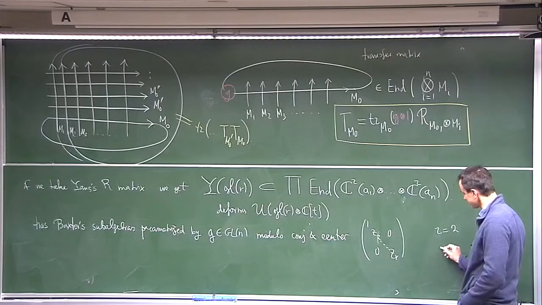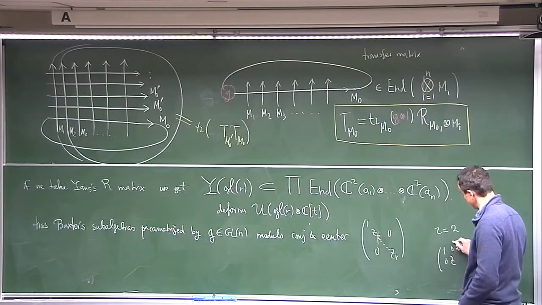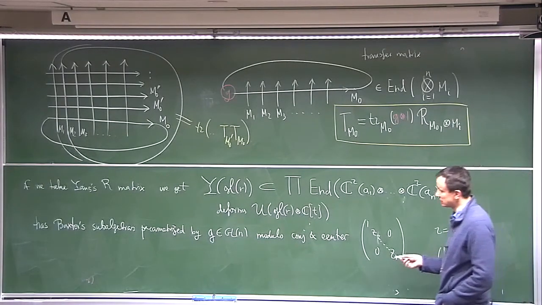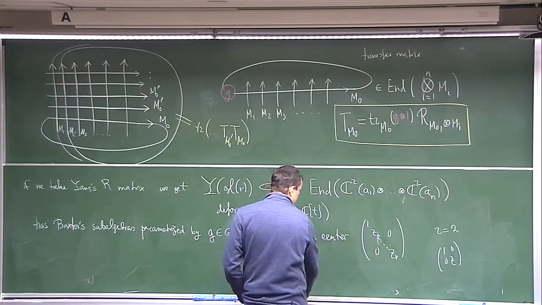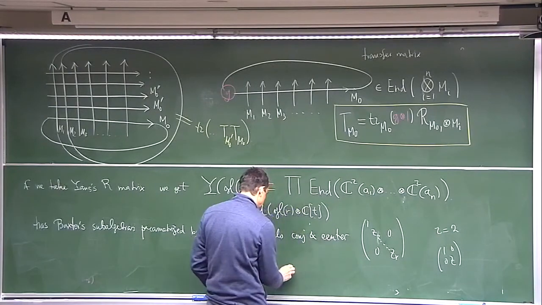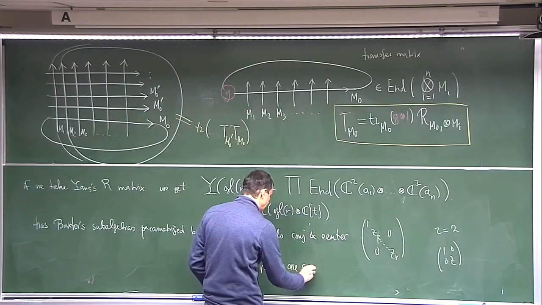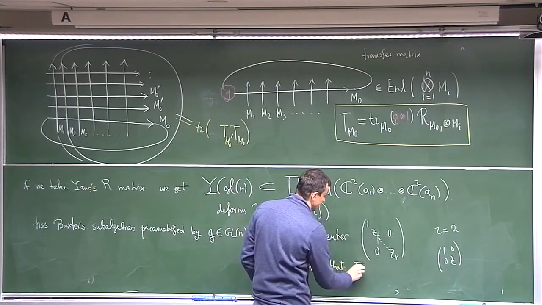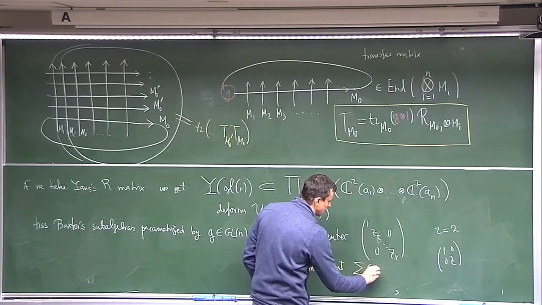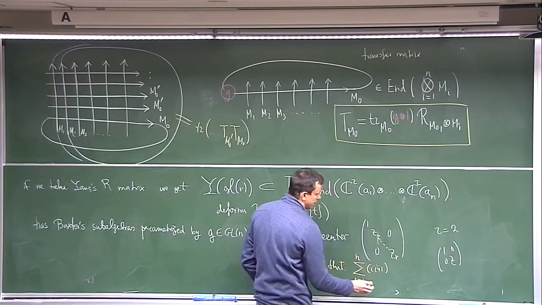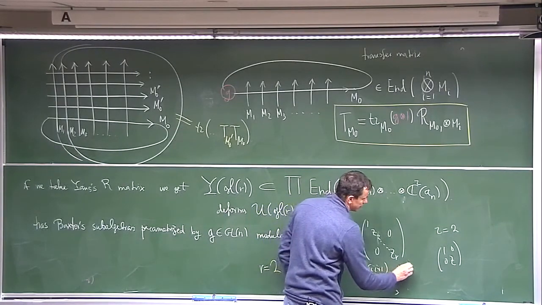So in this case, we'll have this one. And here, for R equals 2, one can check the Hamiltonian, summation I from 1 to n of I plus 1, with this quasi-periodic boundary condition.